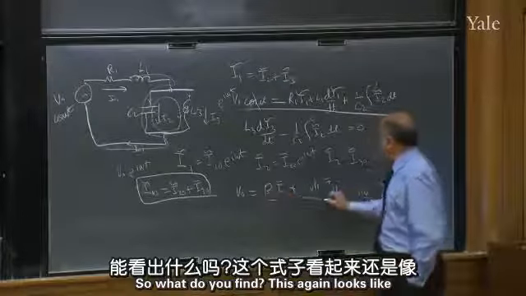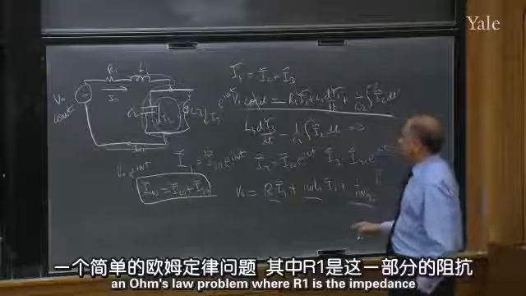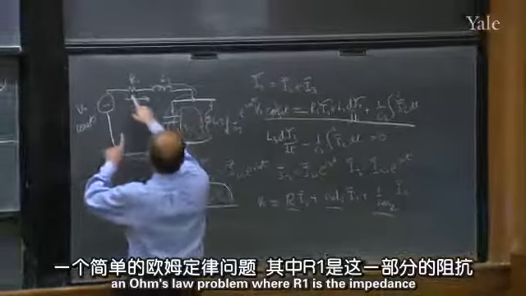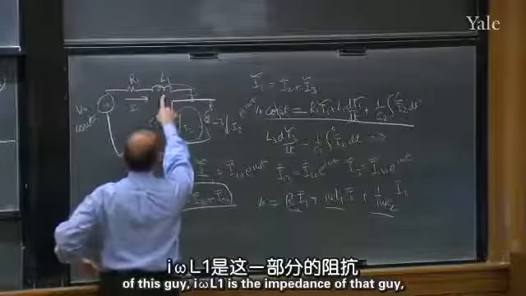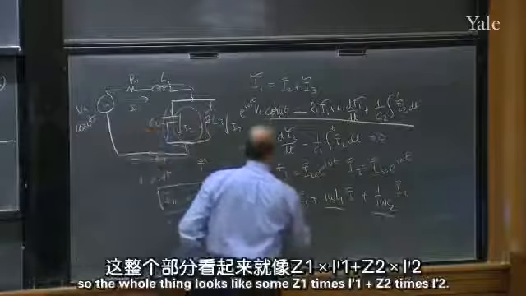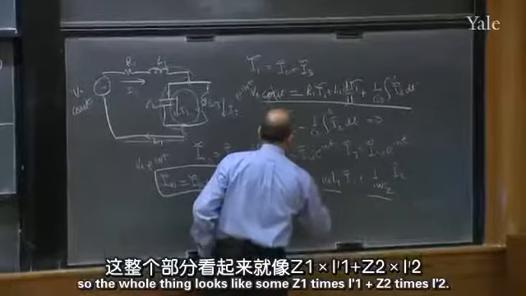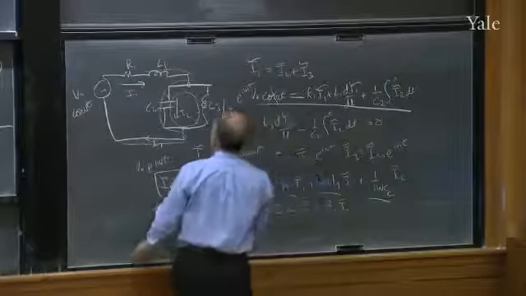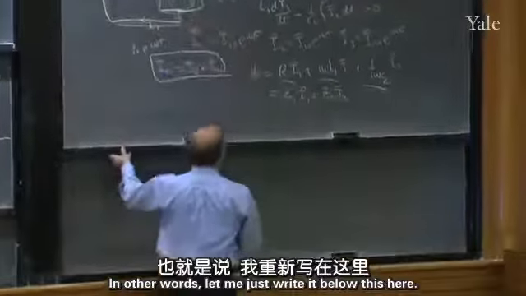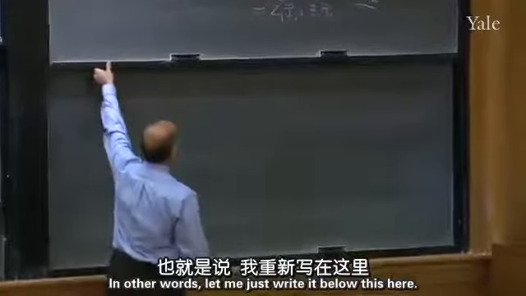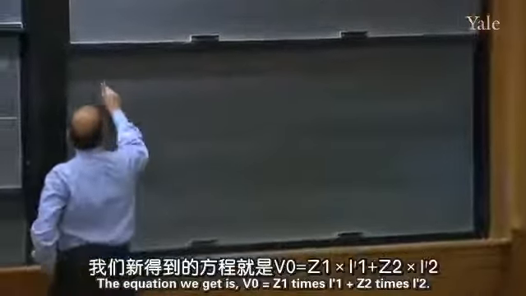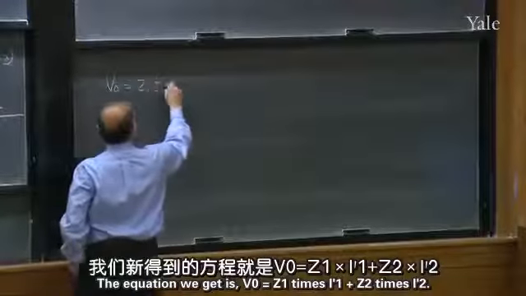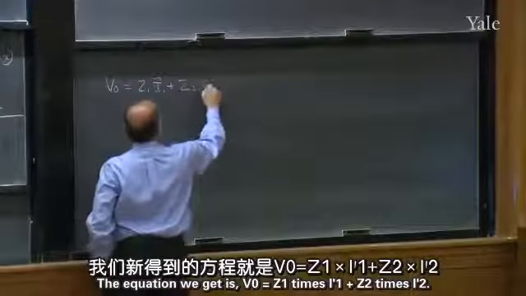This again looks like an Ohm's law problem where R is the impedance of this guy, i omega L1 is the impedance of that guy. So the whole thing looks like some Z1 times I1 twiddle plus Z2 times I2 twiddle. In other words, the equation we get is V0 equals Z1 times I1 twiddle plus Z2 times I2 twiddle.